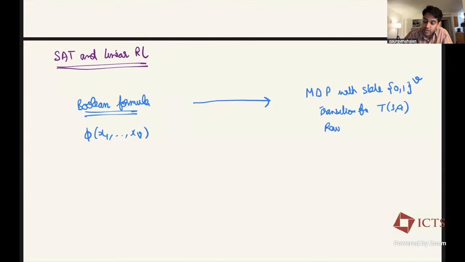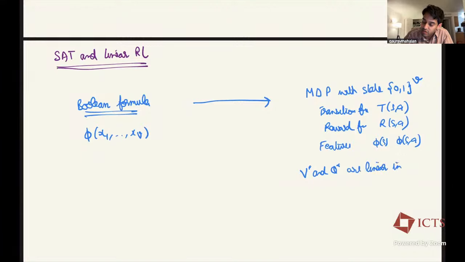I would need to build a reward function from it. Features. Okay, and then I'm constrained in that my V star and Q star have to be linear in these features too.